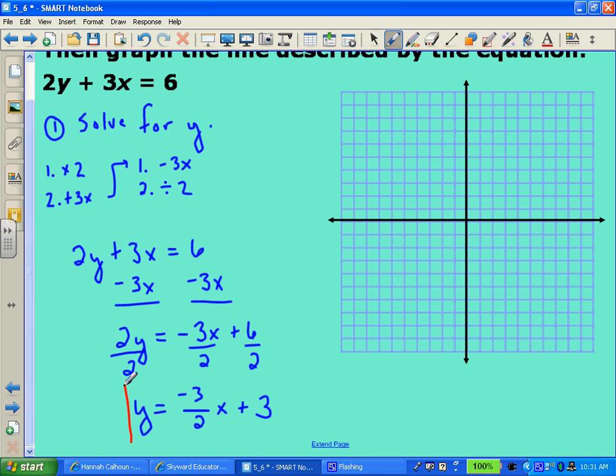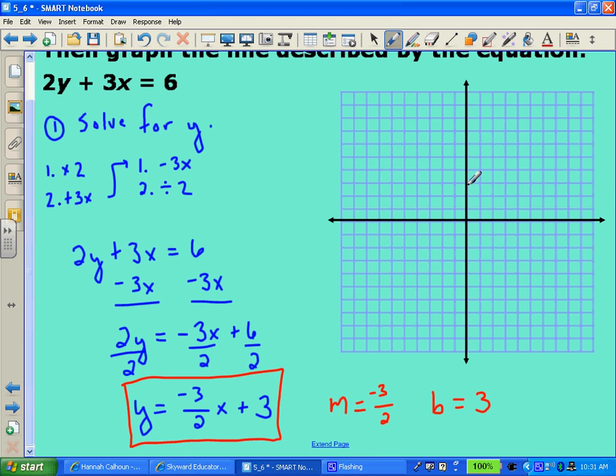So now I have the equation in slope-intercept form. Now I can figure out what m is and what b is. Notice here that m is -3 over 2, b is 3.